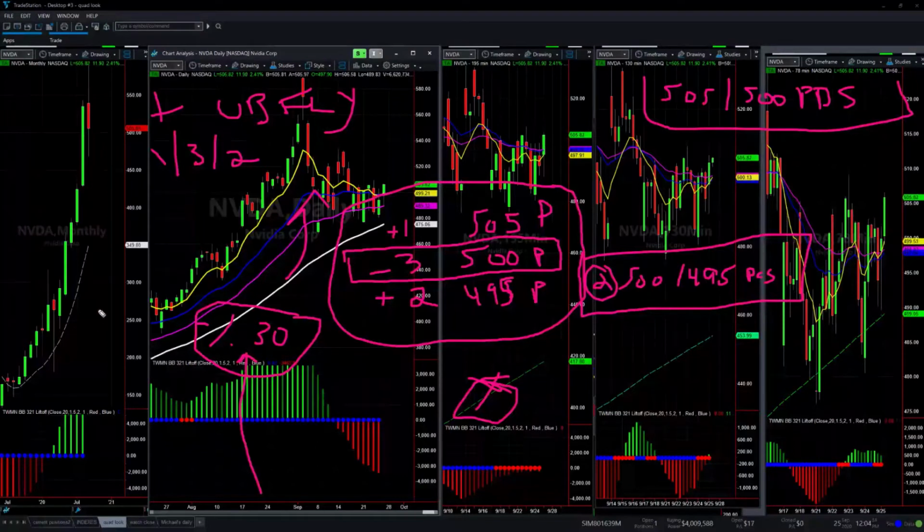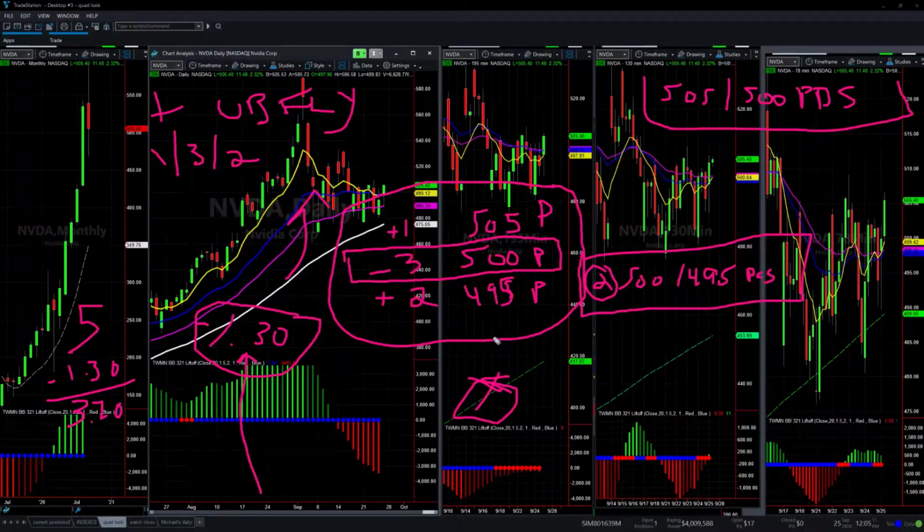So the width of the spread is $5. You took in 130. So max loss here is 370. That's if price ends up at the end of the day today at 495, below 495. So that's not what we're looking to have happen, right?